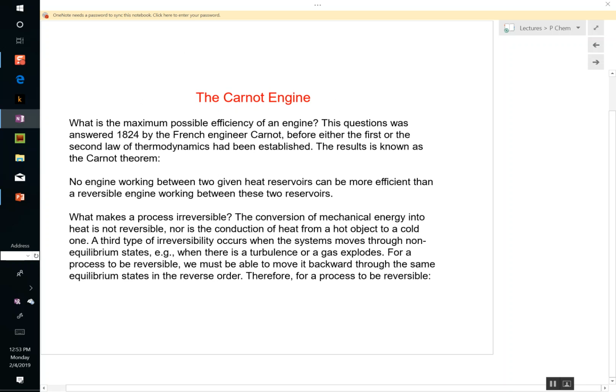The book: Carnot is a French engineer. This is pretty interesting, pretty profound. This predates the first and second law of thermodynamics. So Carnot is looking at steam engines and doing work with steam engines and trying to figure out how to make steam engines more efficient, what governs the efficiency of a steam engine.